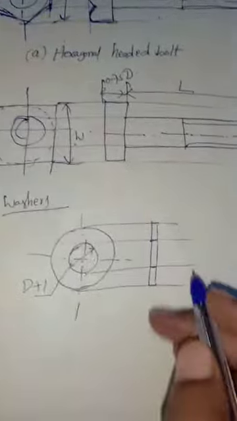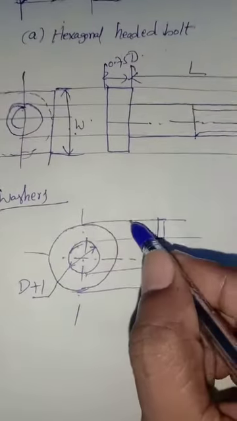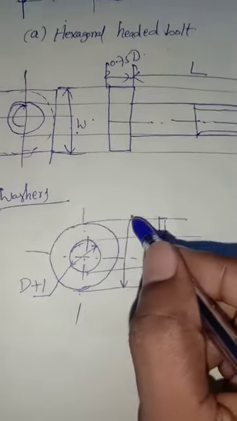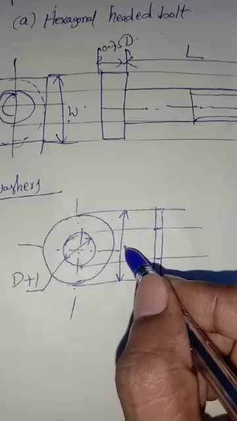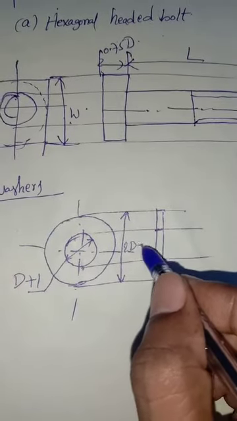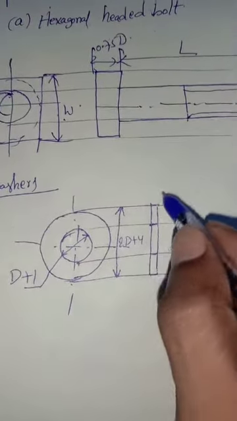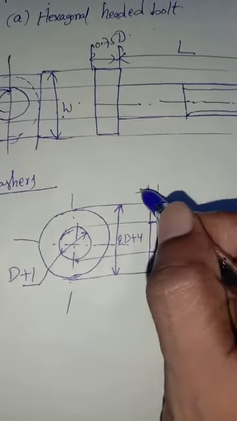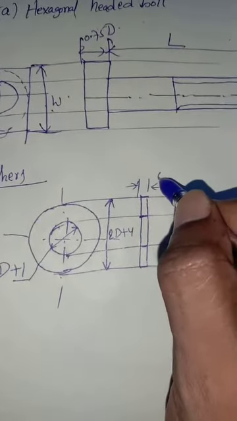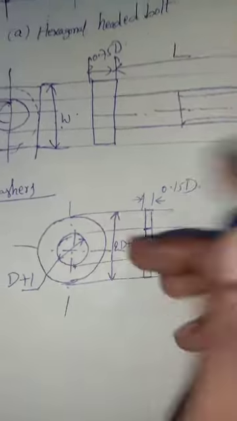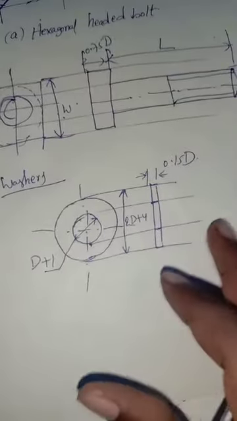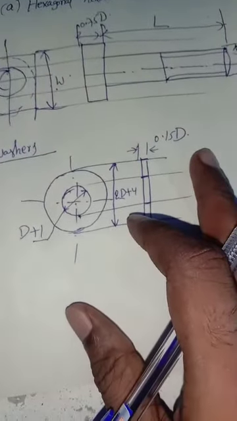Okay, and now here this total comes to 2D plus 4, and the thickness of the washer is 0.15 D. The thickness of the washer is 0.15 D.